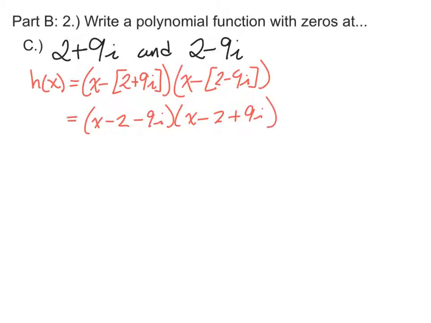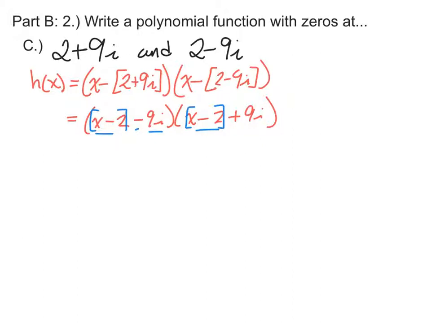Now, the nice trick that we can do is reinsert a pair of square brackets, but this time put them around the x minus 2, because each of these factors have an x minus 2 in it. Then we'll have the difference of two squares, something minus 9i and something plus 9i, where those two somethings are the same.